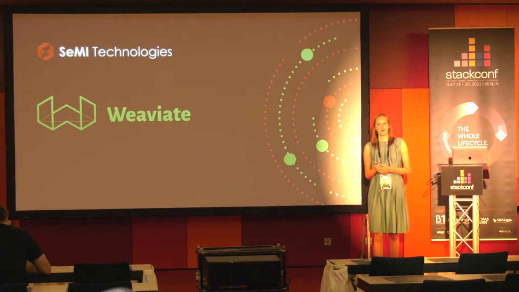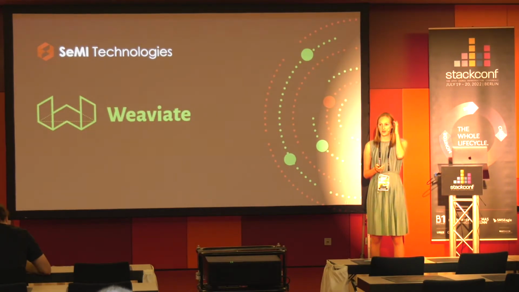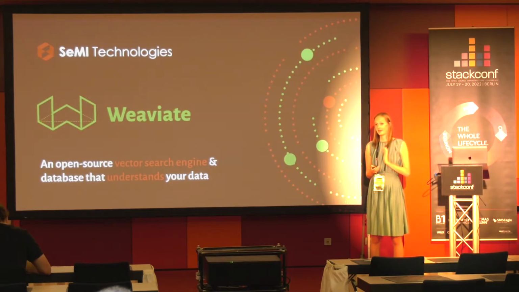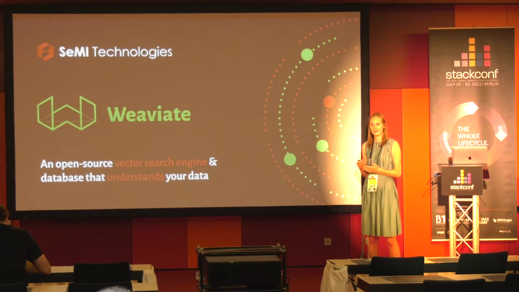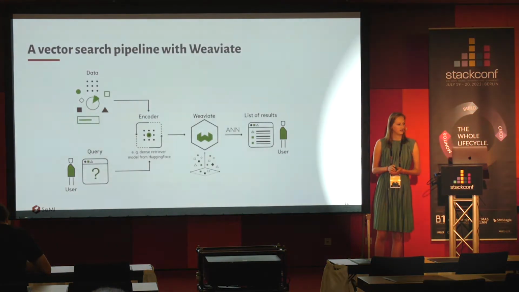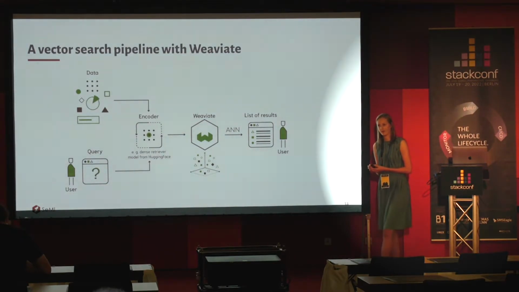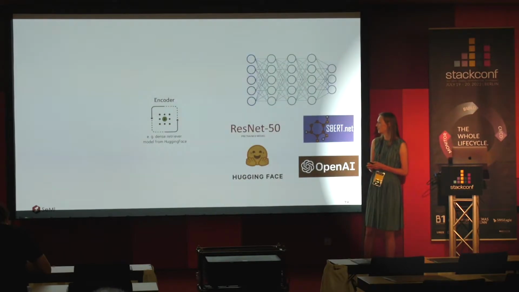So now I want to go a bit more into Weaviate. Weaviate is one of the currently available open source vector search engines that use machine learning to do this. This is how a search pipeline with Weaviate would look. I'll go over it step by step.